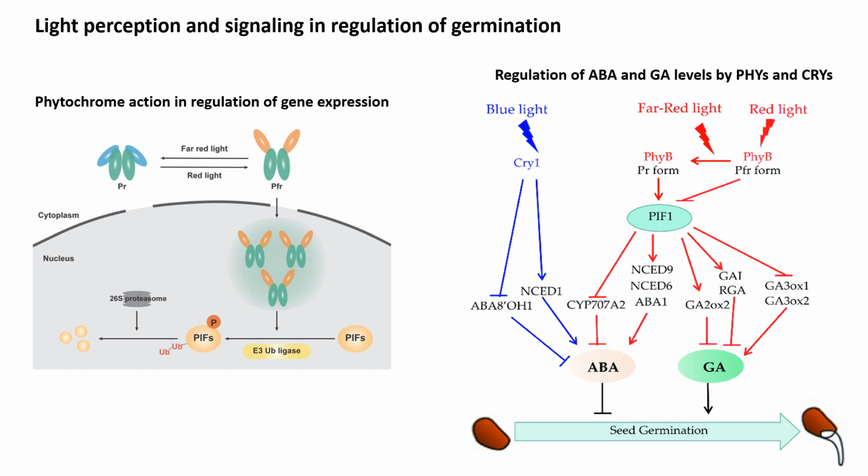Phytochromes increase bioactive GA levels in germinating seeds by the light-induced activation of the transcription of GA3 oxidases, which convert GA precursors to bioactive form, and repression of the transcription of GA2 oxidases, which catabolize bioactive GAs to the inactive forms.